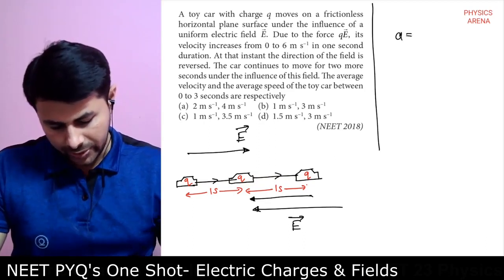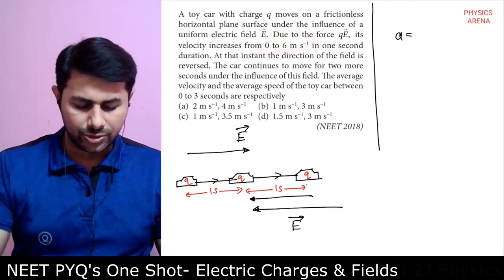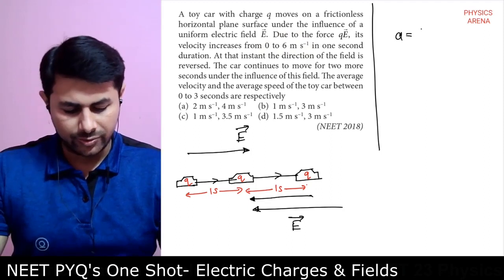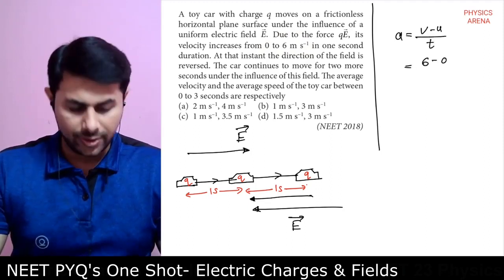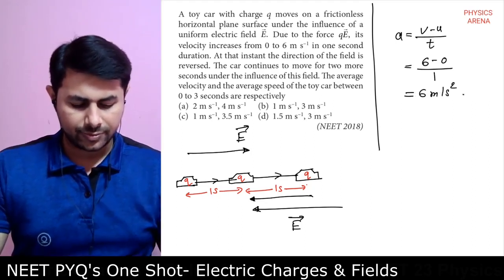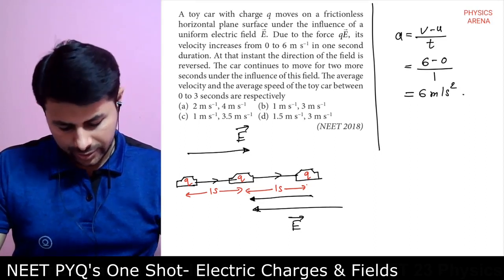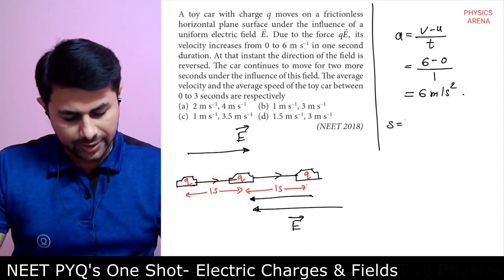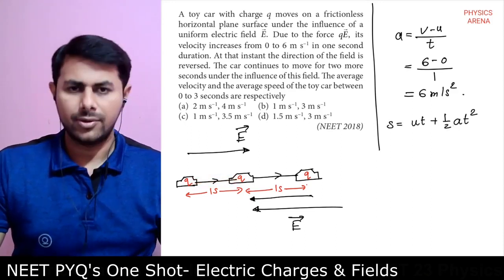Acceleration is, if we consider this, it goes from 0 to 6 meters per second in 1 second. So acceleration is (v minus u) divided by t, that is (6 minus 0) divided by 1, 6 meters per second square. Okay, so now we know how much this displacement would be. So s is equal to ut plus half at square, right?